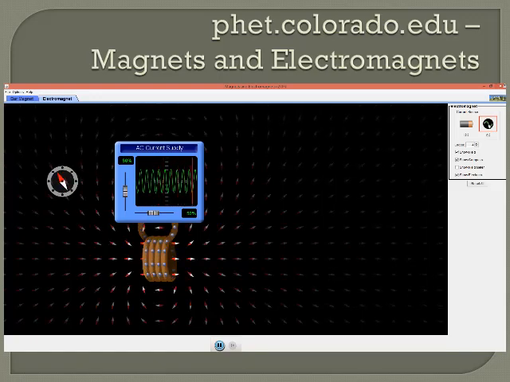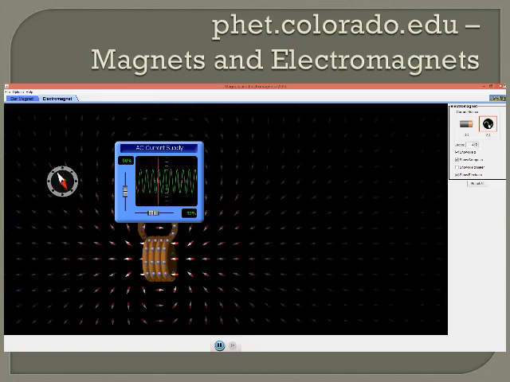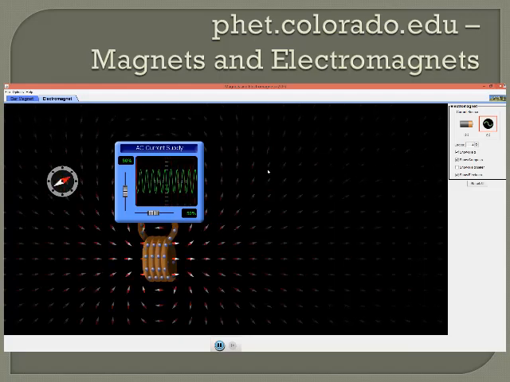And therefore we see that the magnetic field is always changing because the direction of the current flow is constantly changing. So I encourage you to play around with the simulation and learn a little more about how you get a magnetic field out of an electric current.